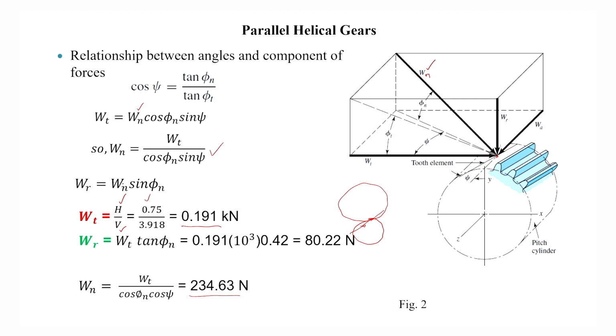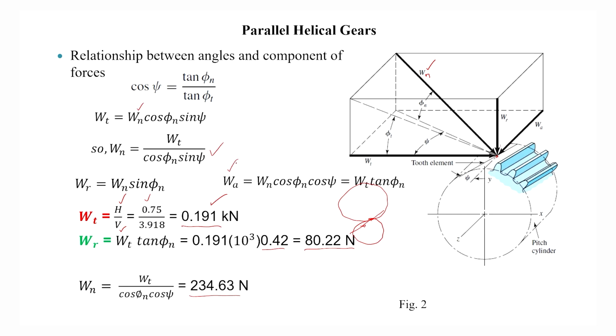Substituting the value of Wn in terms of Wt, we get the radial force is equal to Wt tan of phi n. Substituting the value of Wt just determined, and phi n is 20 degree and tan phi n is 0.42, and thus the radial component of force is 80.22 Newton.